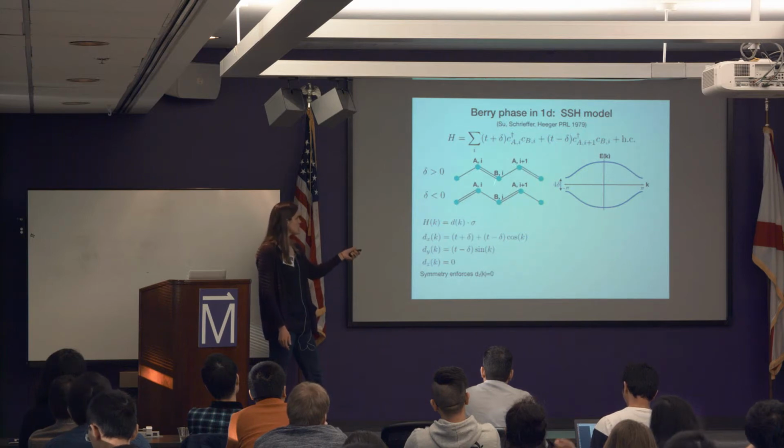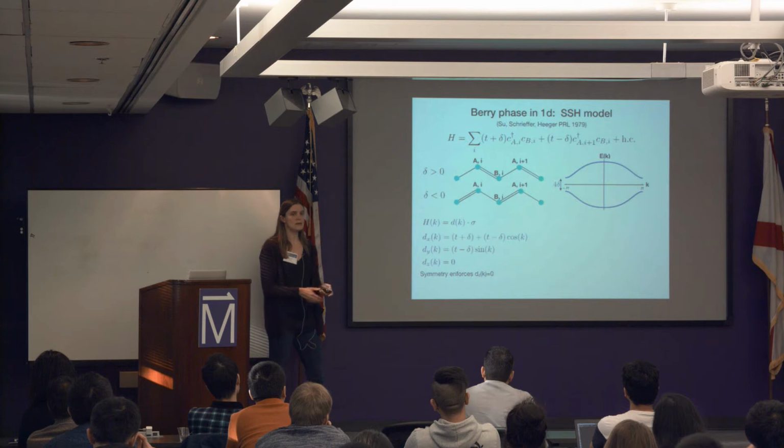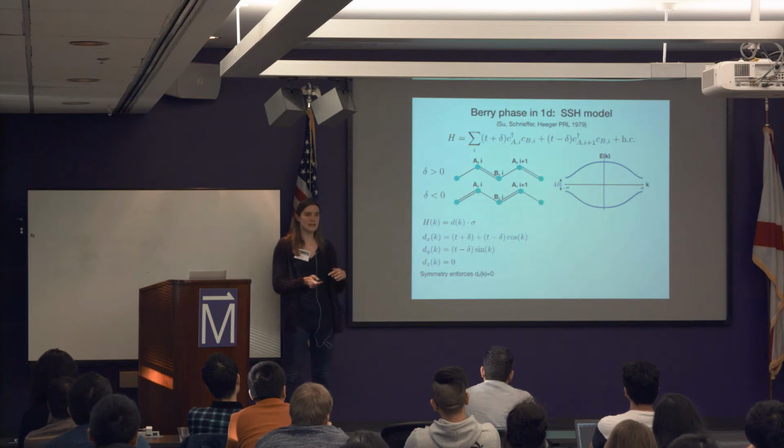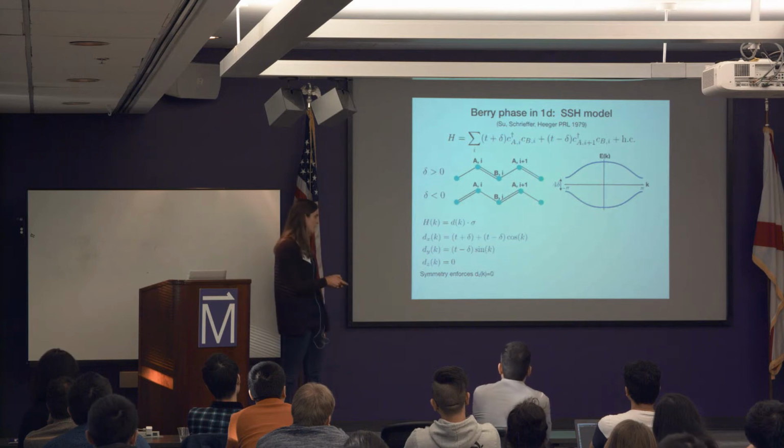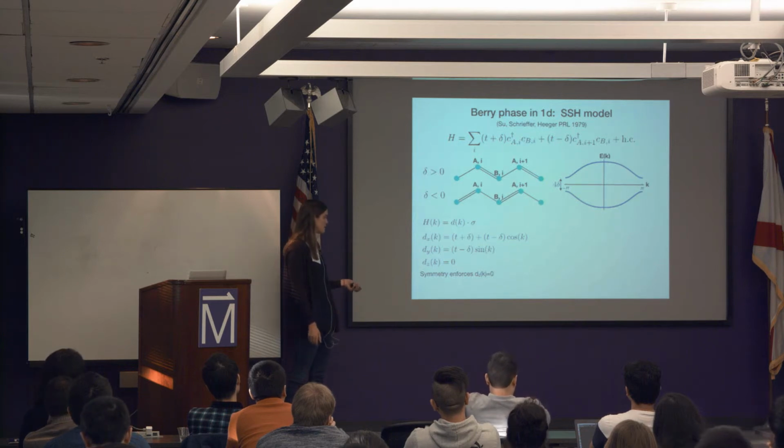For this particular Hamiltonian, the sigma z Pauli matrix doesn't appear. So we now have two parameters, the coefficient of sigma x and the coefficient of sigma y, and each of these is a function of k. We can make a complex number, dx plus i dy, and ask how this complex number changes as we move around the one-dimensional Brillouin zone.